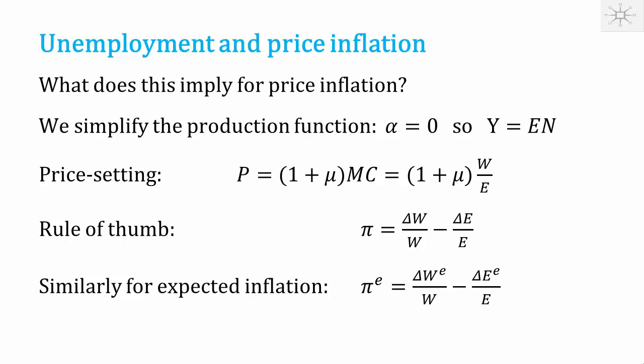And I now take the left-hand side of the lower equation, subtract from the left-hand side of the higher equation. So I subtract the expected inflation from inflation, and I subtract this thing here from this right-hand side here, which is the wage increase minus the productivity increase. And since these two are equalities, then if we do that, we should still have an equality.